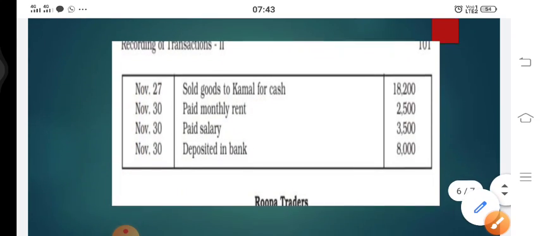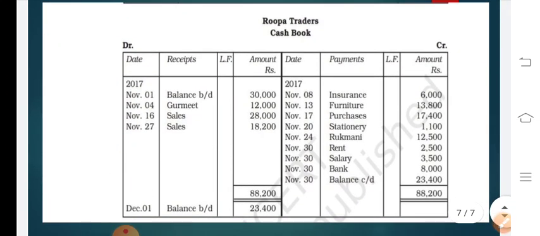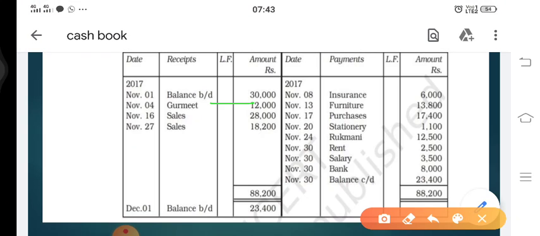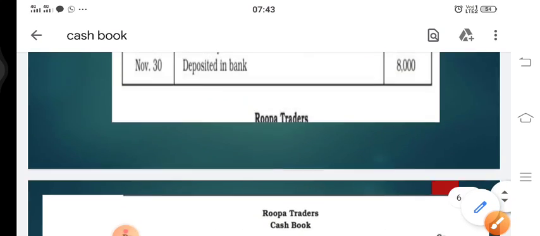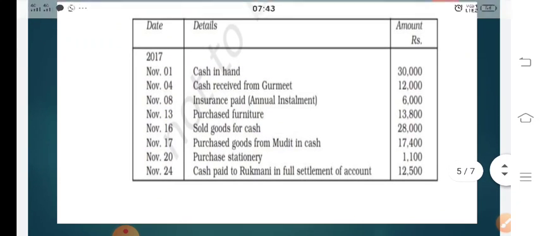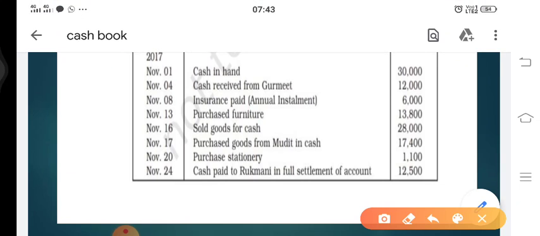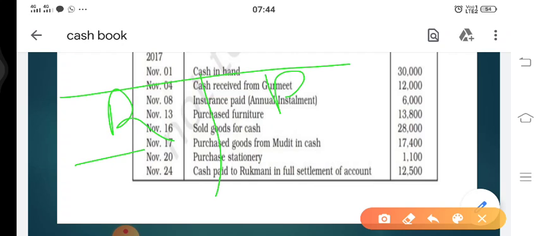Let's check here. We have To Gurmeet amounting to rupees 12,000. If you do not want to make it on the basis of a journal, you simply have to remember that any cash coming into the business is written on the debit side, and any cash going out from the business is written on the credit side.